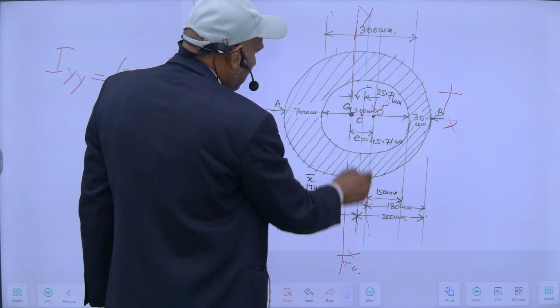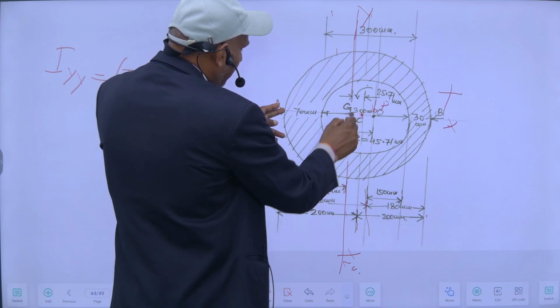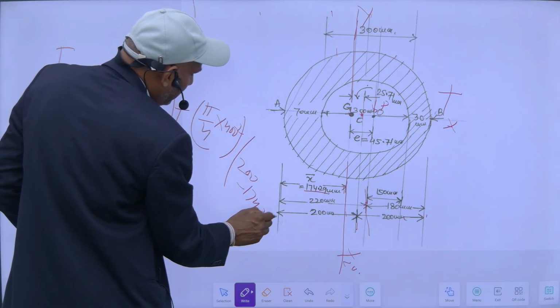This is the center of the outside circle, so this is 200 minus 174.29, so it will be 200 minus 174.29 squared.